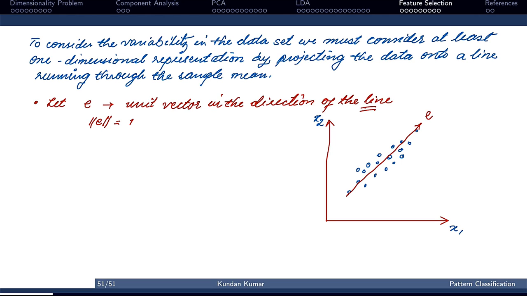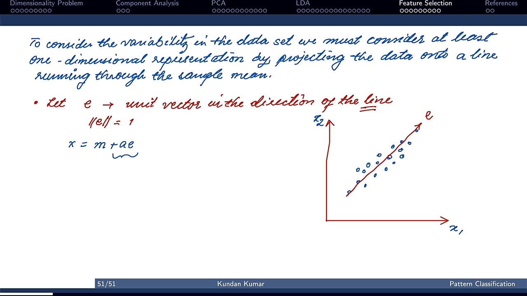So we can write the equation for this straight line as x equal to m plus a e. Just notice here we have some additional term which is the one dimensional vector. In the previous case we had x equal to m, that was the zero dimensional representation, where the variation was not there.